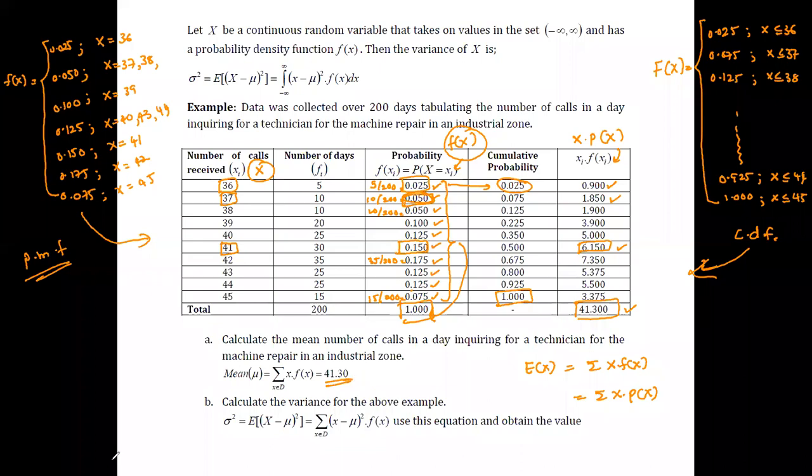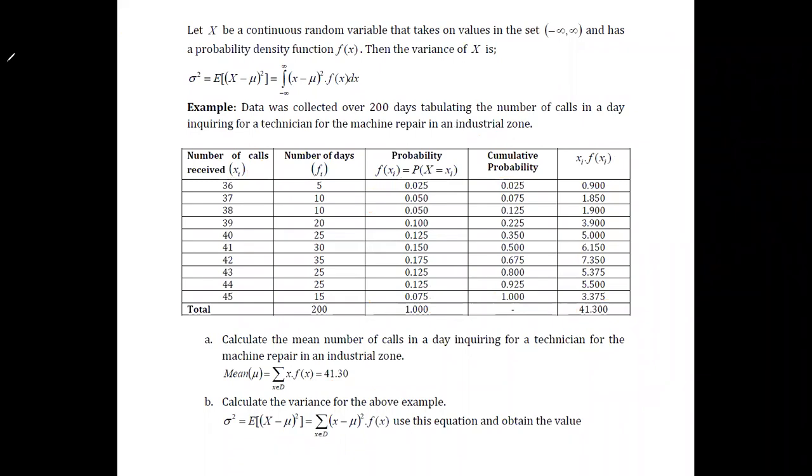And you are asked to calculate the variance for the above example. Here, if you need, you can calculate this using the equation, summation of (x minus mu) squared times f(x), or else you can use this technique as well. Here we can say that sigma squared can be obtained using E(X squared) minus (E(X)) to the power 2.